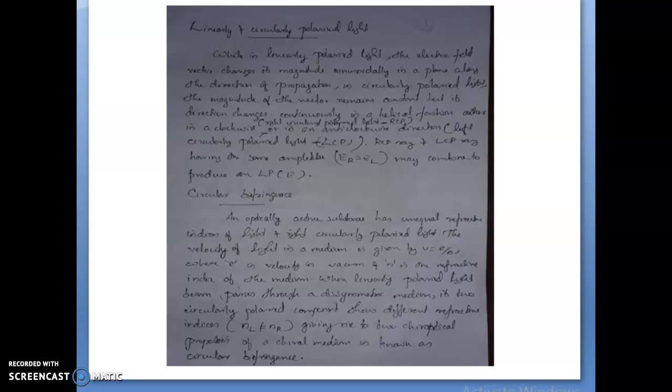It is known as the plane of polarization. That is why this type of light is known as linearly plane polarized light. It may be considered to be made up of two types of circularly polarized light, one right circularly polarized and the other left circularly polarized.